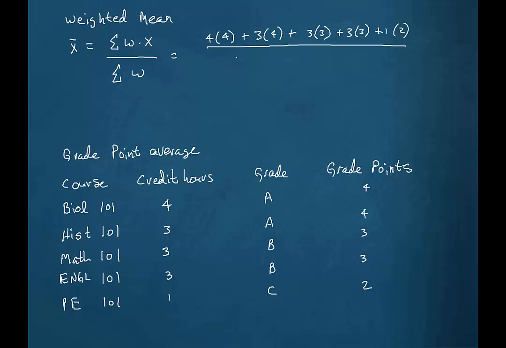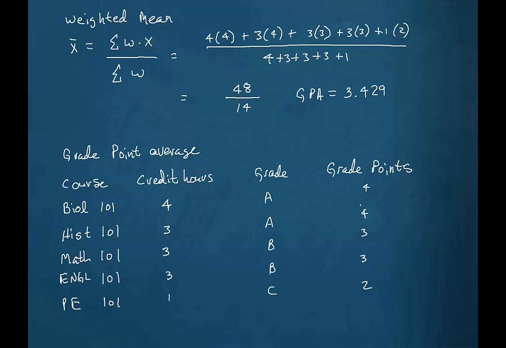Divided by, and we still have 4 plus 3 plus 3 plus 3 plus 1. This time, the numerator is going to turn out to be 48, and the denominator remains at 14. Now, if we round this to 3 decimal places, our GPA that appears on our report card would be 3.429.